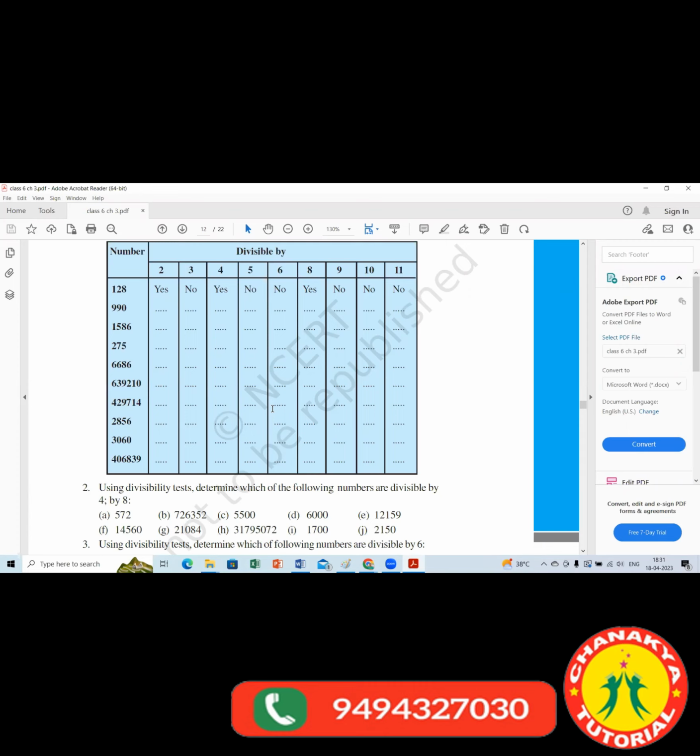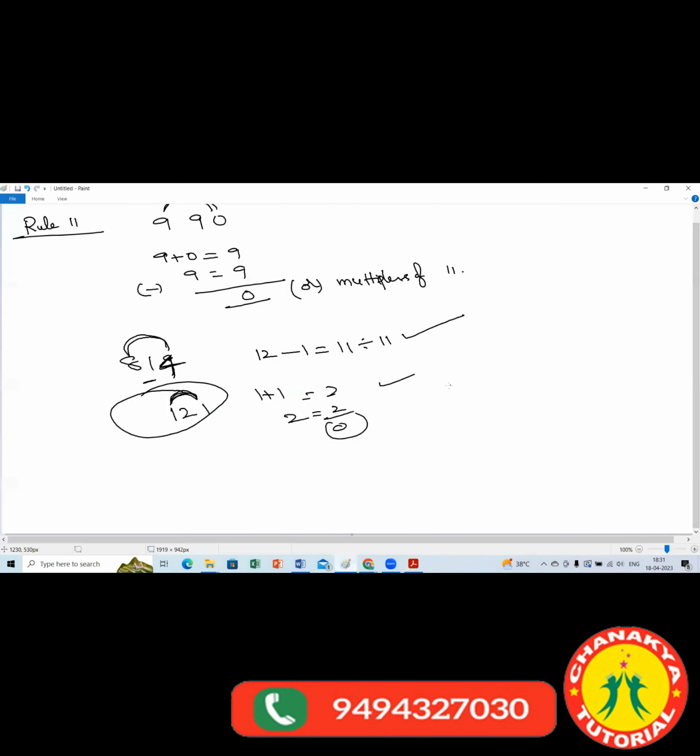Rule 11, I will help you once again, because you are new to this part. If I say it orally you cannot follow, so I will go through 1586 once again. What are the alternate digits?